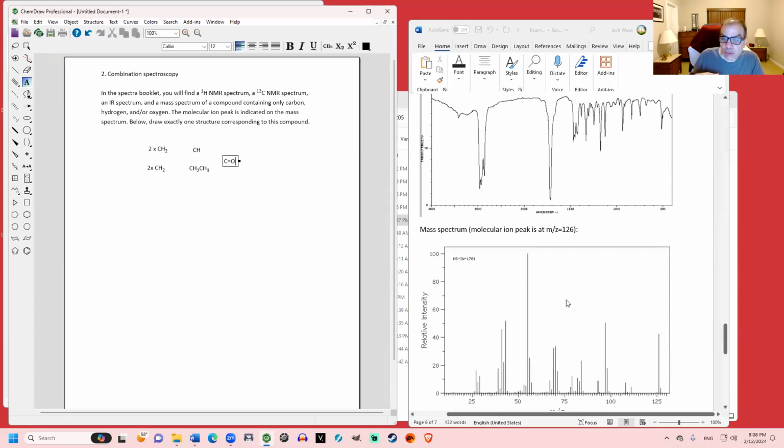And from the mass spectrum, we know that the molecular weight is 126. So let's write that down. Write down everything that you know. So we need to somehow put this all together and get a molecular weight of 126.